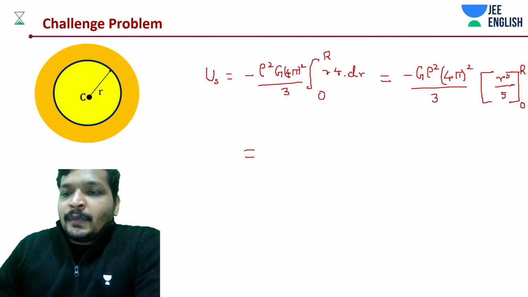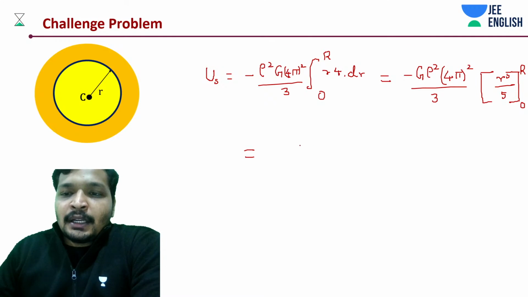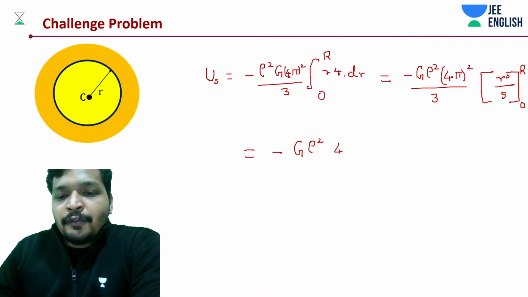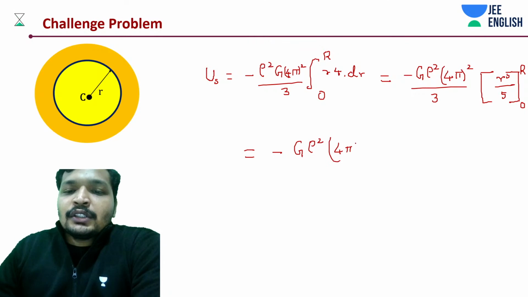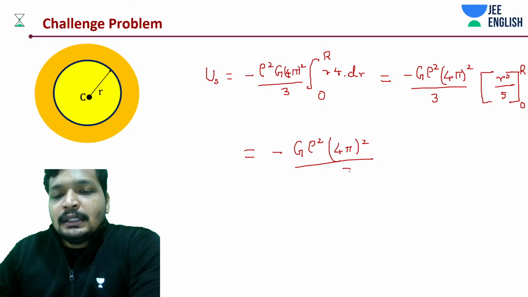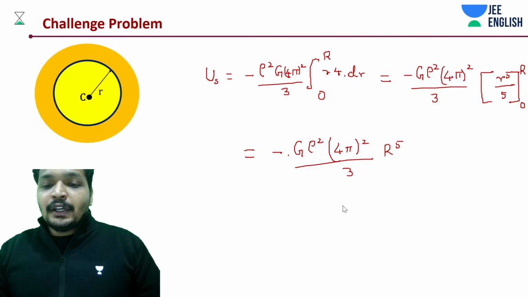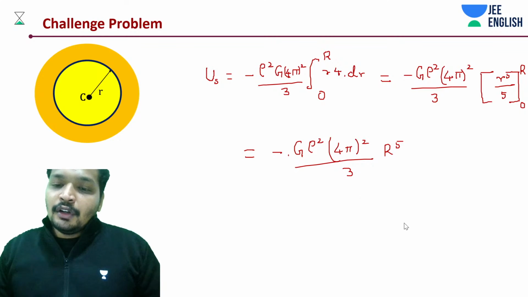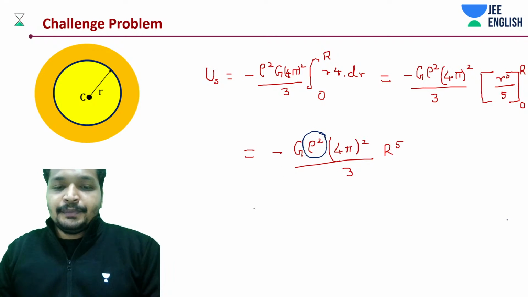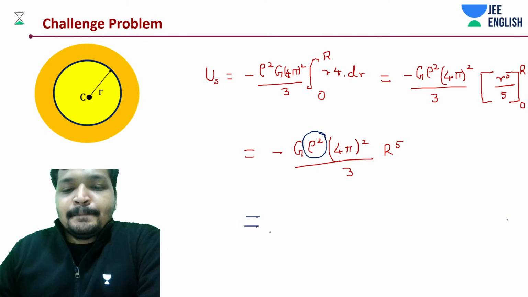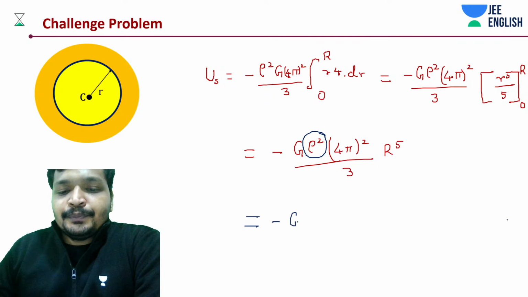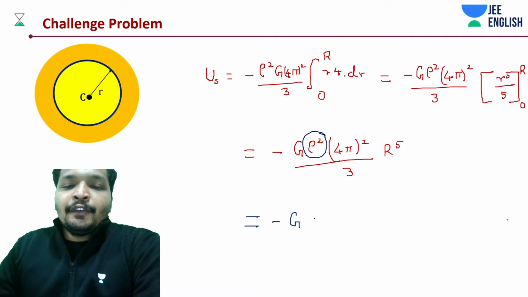Now, substitute the value. It's capital R to the power 5, minus g rho square 4 pi whole square by 3 into R to the power 5. Now, to get the value in terms of m, we are going to substitute the value of rho, of course. And what was the value of rho?